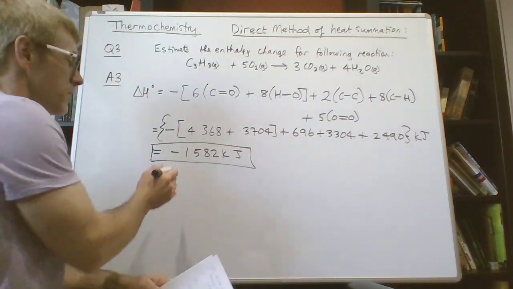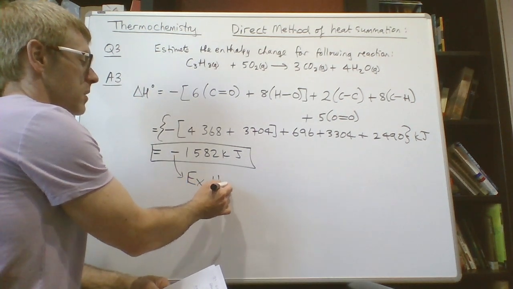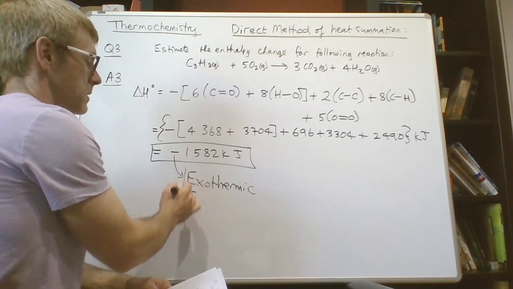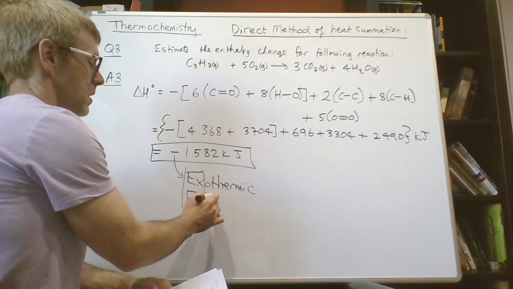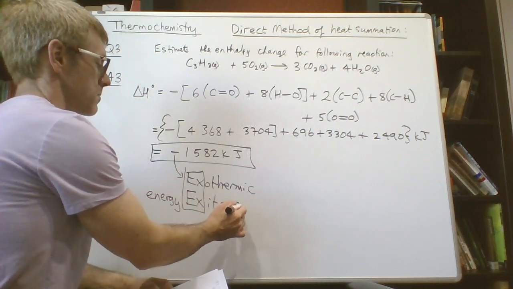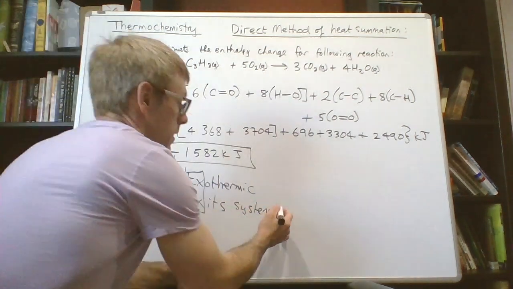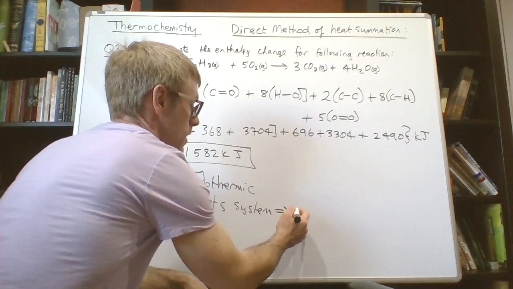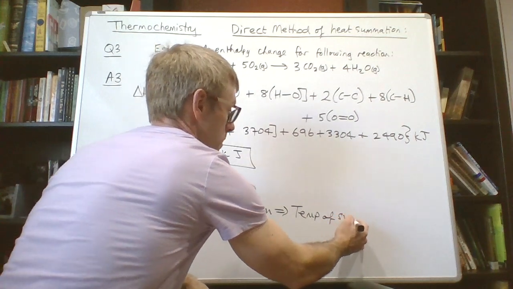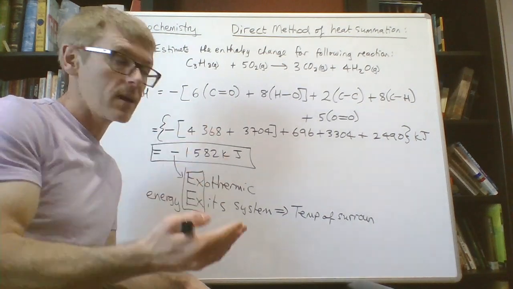So overall, we know that this process net is exothermic. Remember, that means that energy exits the system. This means that if we measure the temperature, which we could do in the lab, we always measure the temperature of the surrounding.